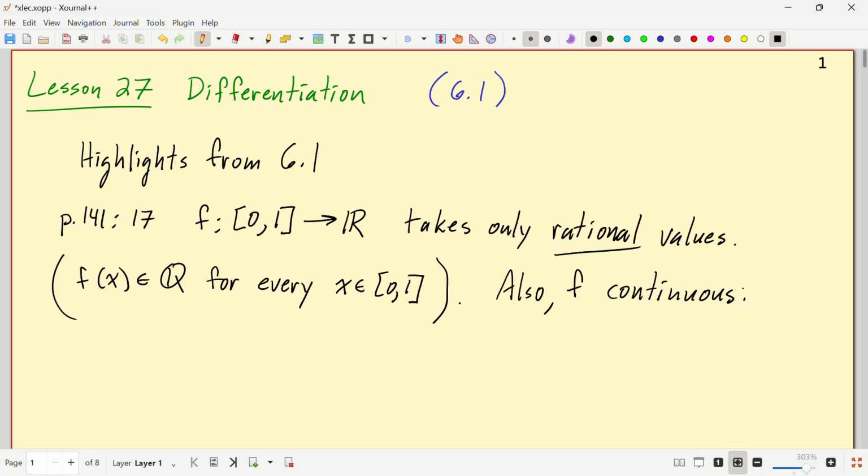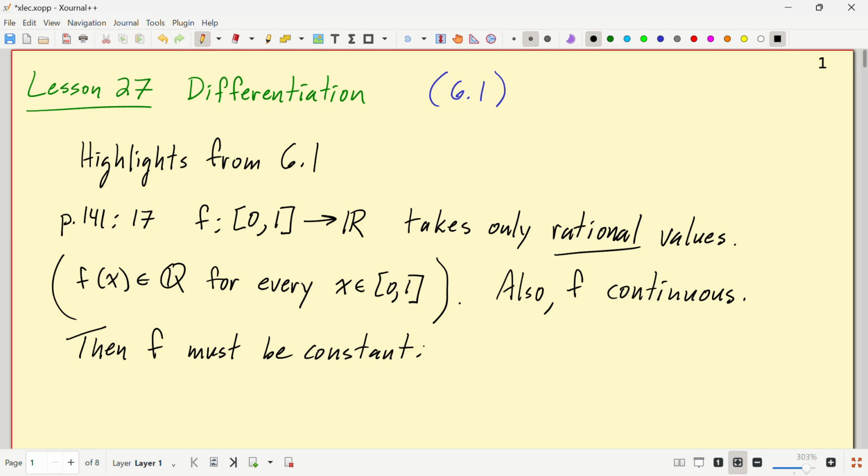What does it say? Well, they tell you the answer, f must be constant. So that's what you're supposed to show.